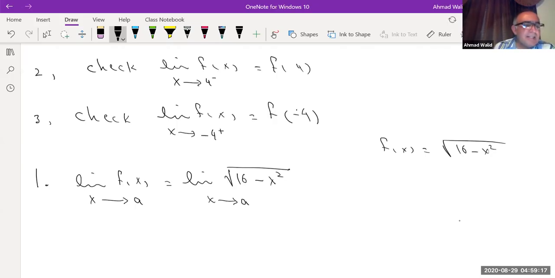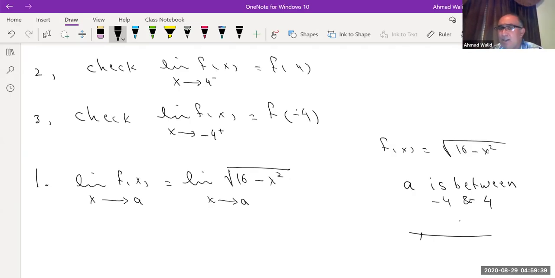Now, let's think this way. a is a number between -4 and 4. Any number between -4 and 4 on the number line.